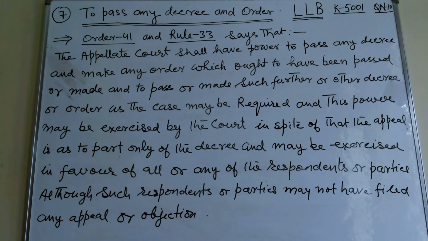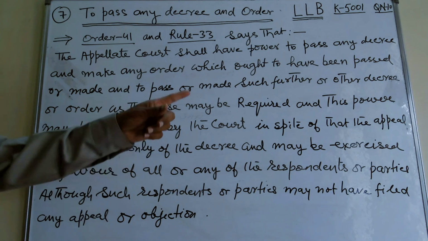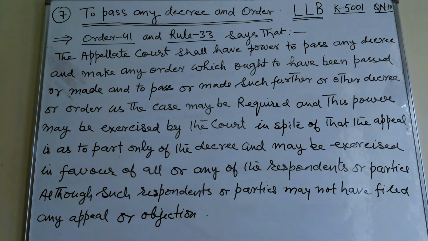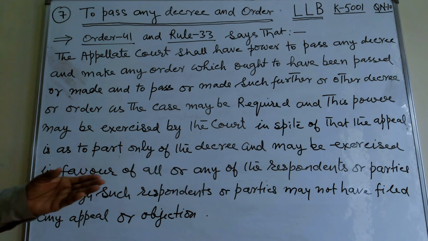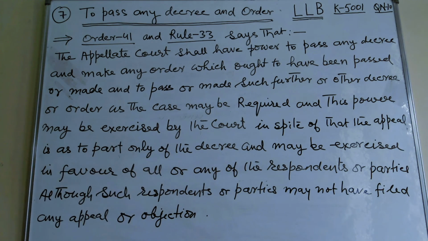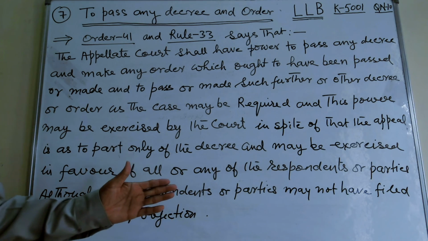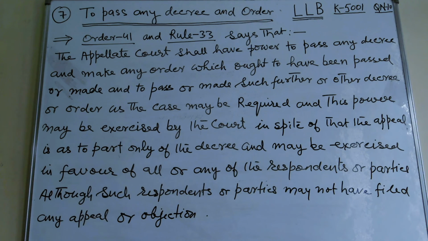And this power may be exercised by the court in spite of the fact that the appeal is as to part only of the decree, and may be exercised in favor of all or any of the respondents or parties, although such respondents or parties may not have filed any appeal or objection.